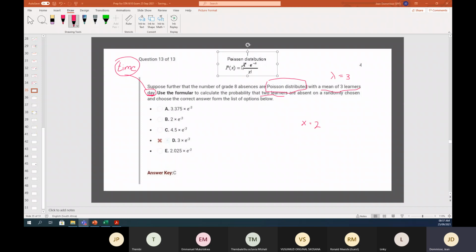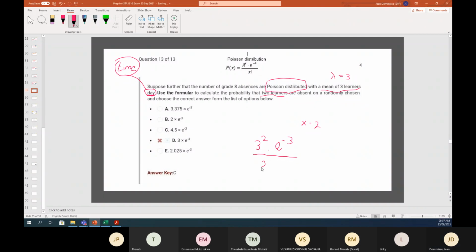So lambda we know is 3, to the power of x, times e to the power of minus lambda, so minus 3. Okay, so all of them are still applicable.